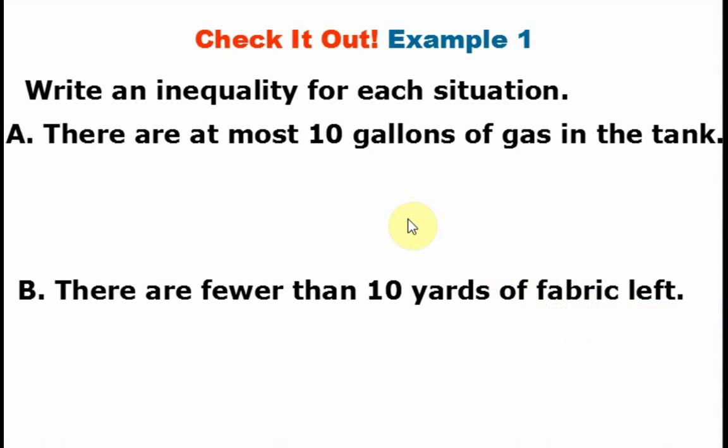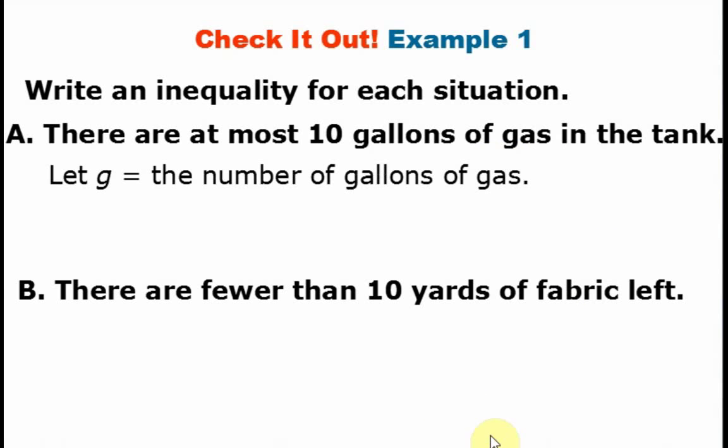Again, we are going to look at this together, and please let us move together, because after these two, I'll give you some questions. Let G be the number of gallons of gas.